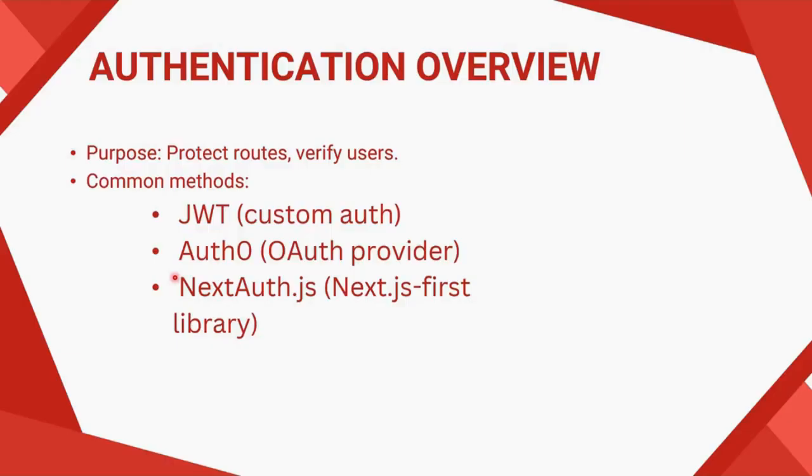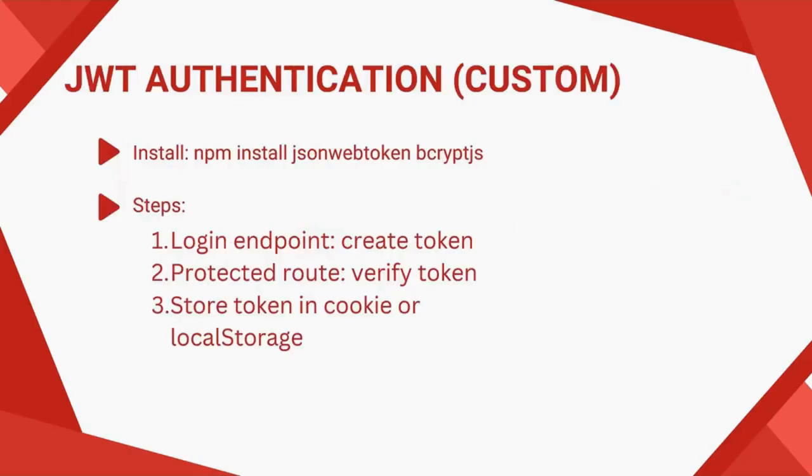Auth0: an auth provider, a third-party service handling login, social login, and tokens. NextAuth: a Next.js first library, a plug and play solution designed for Next.js apps, supporting auth providers and session handling. This is the auth overview.